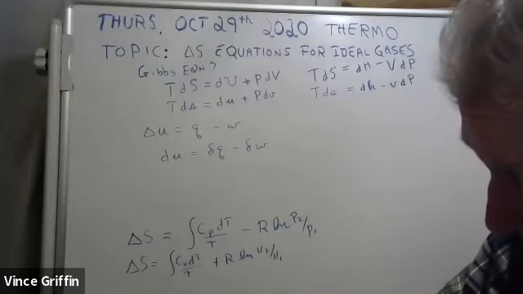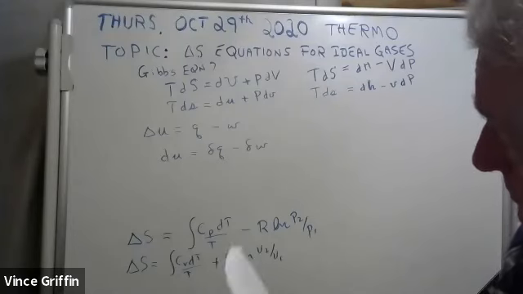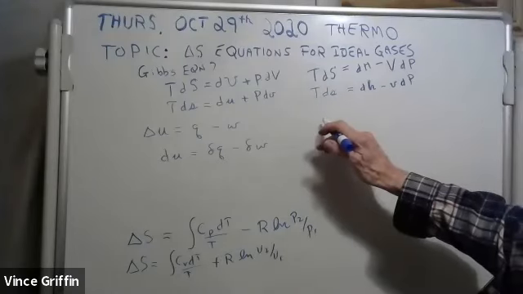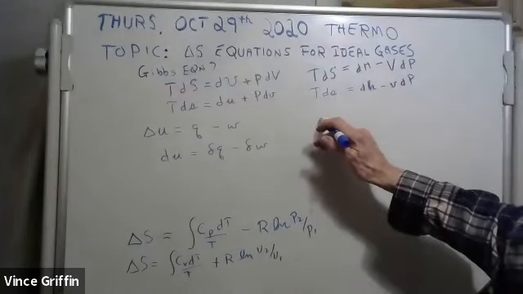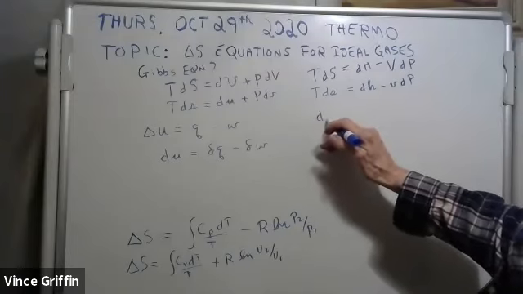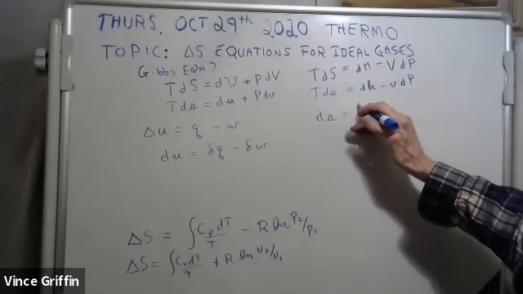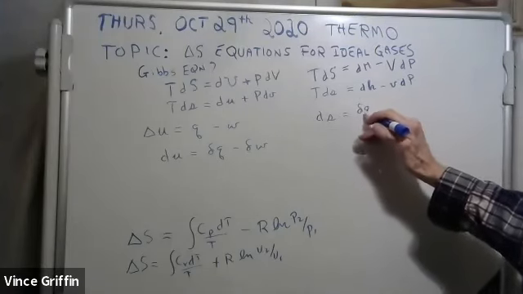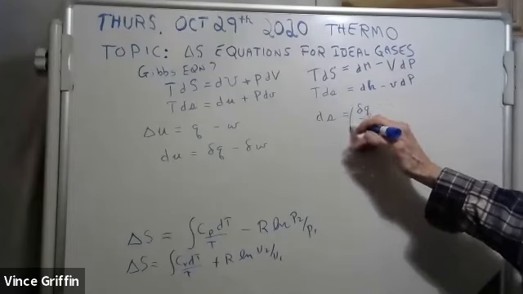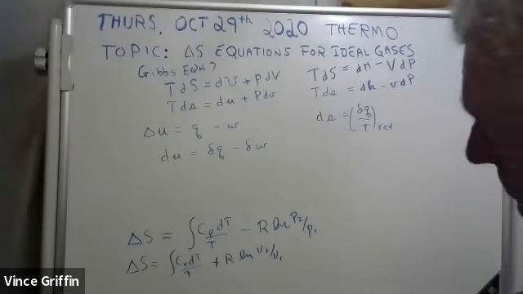So what? We came up with a wonderful equation for the change in specific entropy. It was equal to this here. And we had to have a reversible process in order to get that.